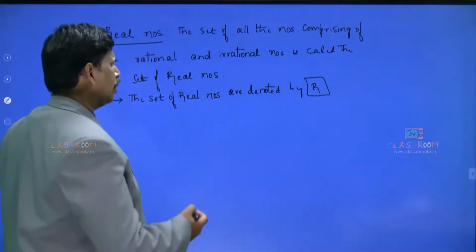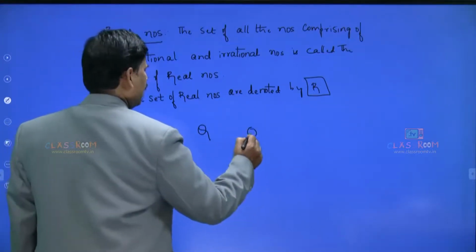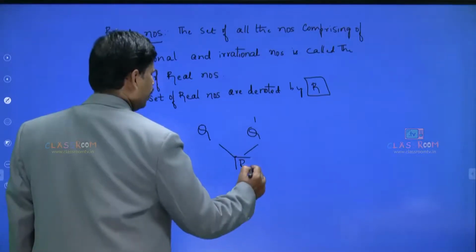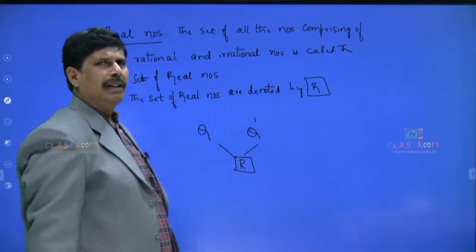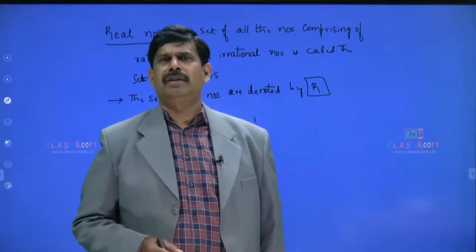So what are real numbers, children? This is nothing but the rational numbers and irrational numbers, they together are in the set of real numbers.